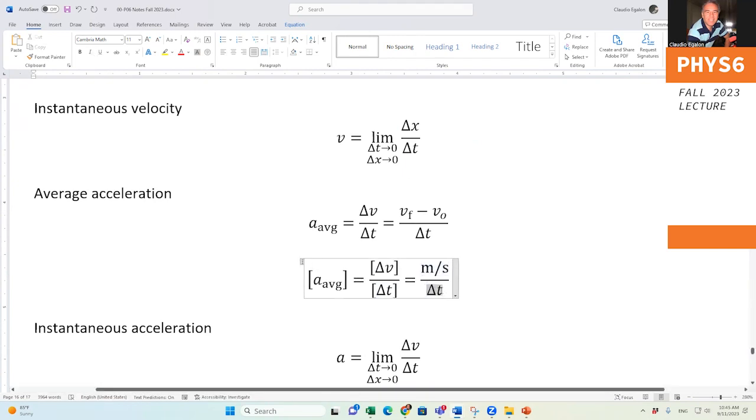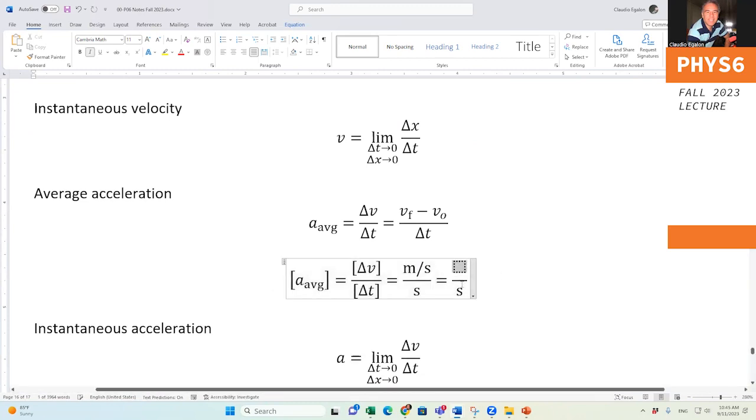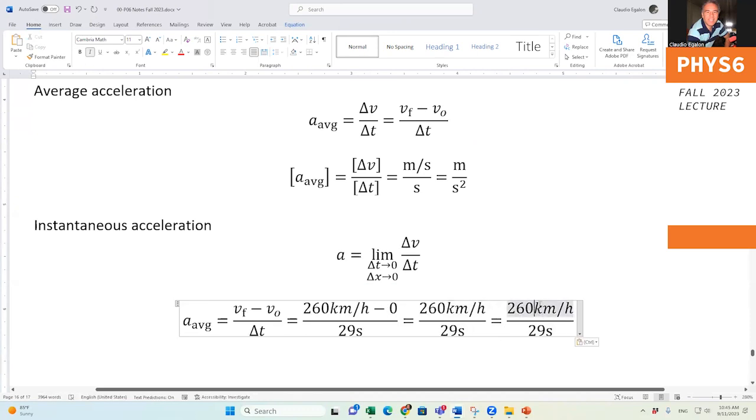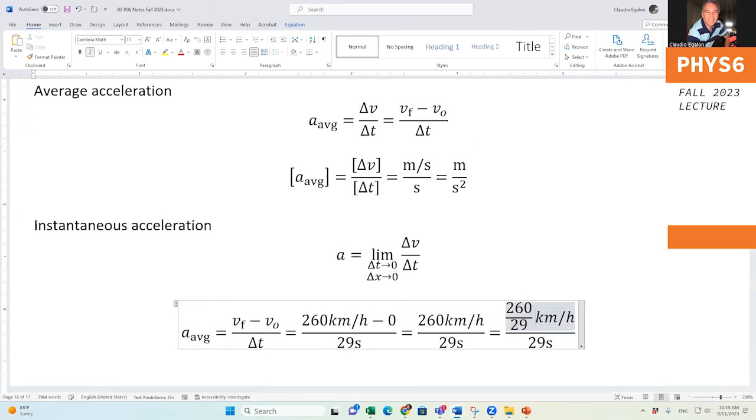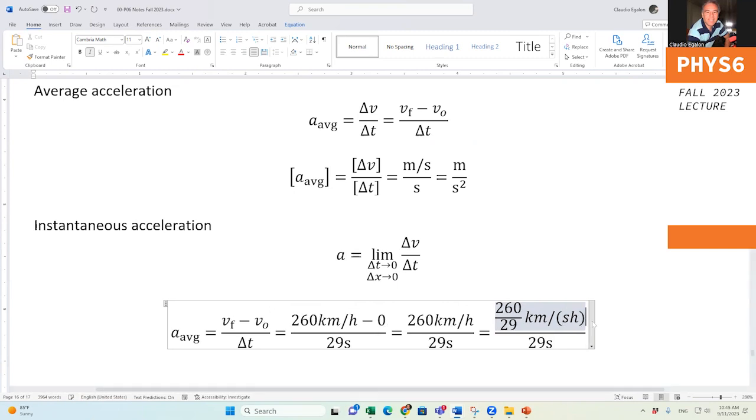The unit of delta T is seconds. And so what you end up getting is meters per second square. Here we do not have meters per second square. We have 260 divided by 29, right? Kilometers per second per hour, like that. That's what we have here.